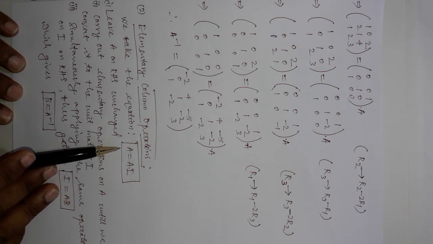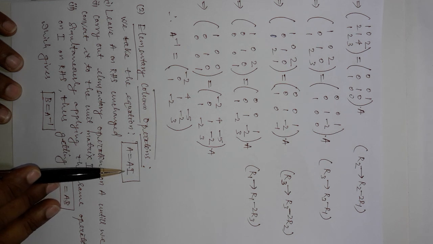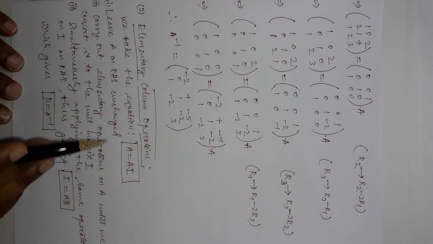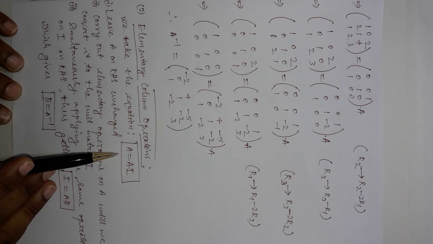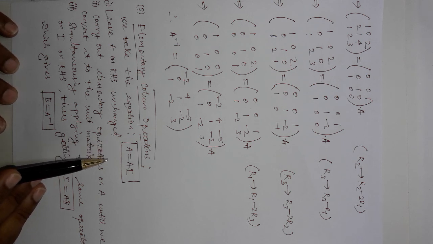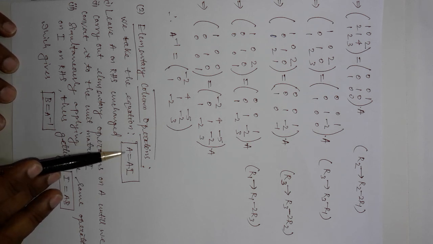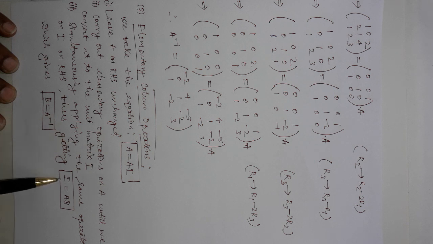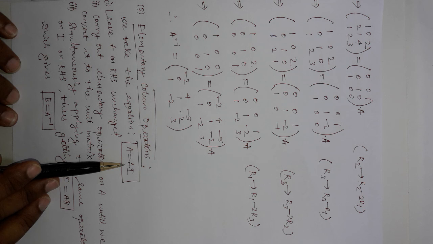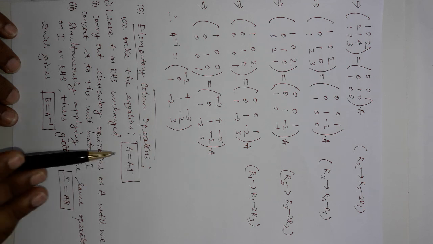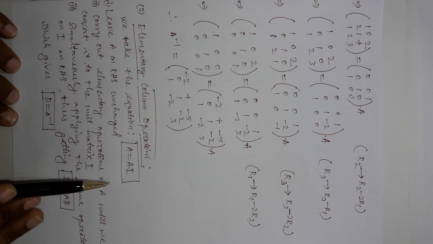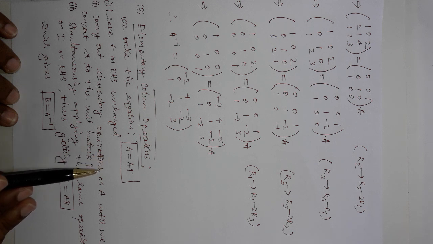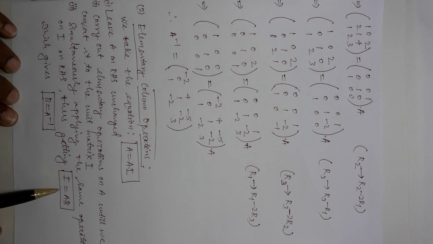And if I apply elementary column operations, that means I will combine columns with columns, then the result will come row wise. After applying the same operations, I will get something like this form, as the right side A I am not changing at all, and on the left side A I am applying column operations to change it to the same order identity matrix. So my result will be I equals A into B.